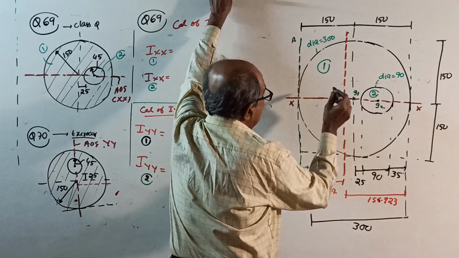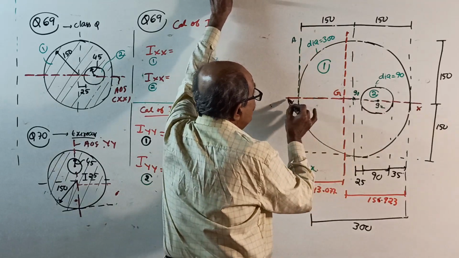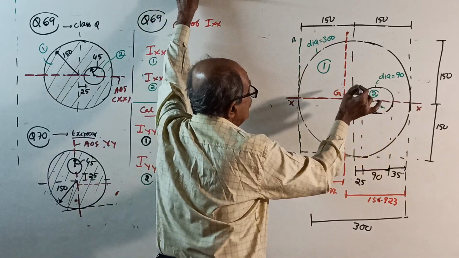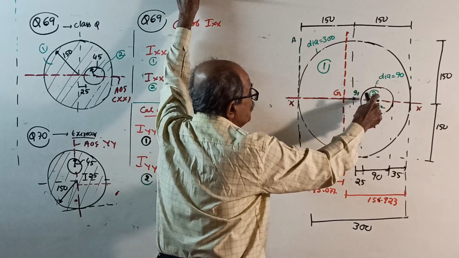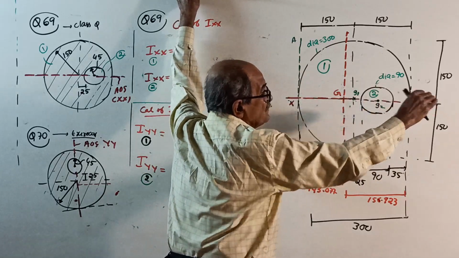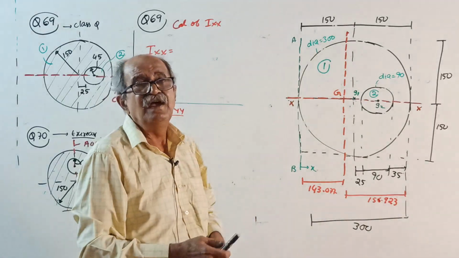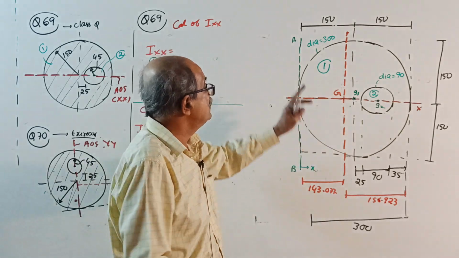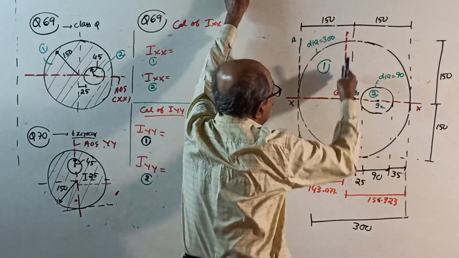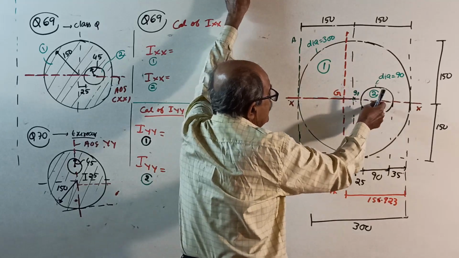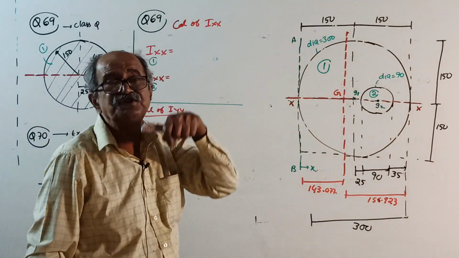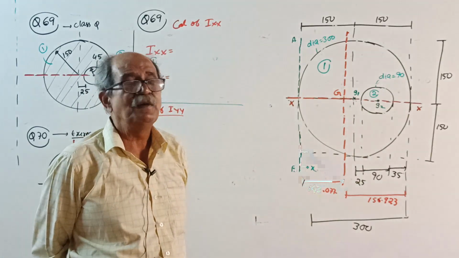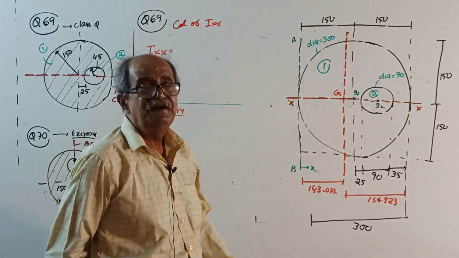Come to centroid. Axis passing through centroid parallel to XX. Oh, same axis. See, your G1, G2, both are lying on XX. So when you do IXX, when you write IG plus A d square, 0 square will come. But not for YY. When you do I about YY, see, distance square will come. Now, next question what will happen is, when you do IYY, both 0 square will come. When you find IXX, distance will come.